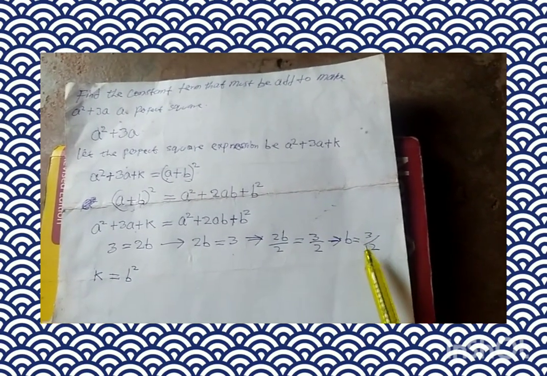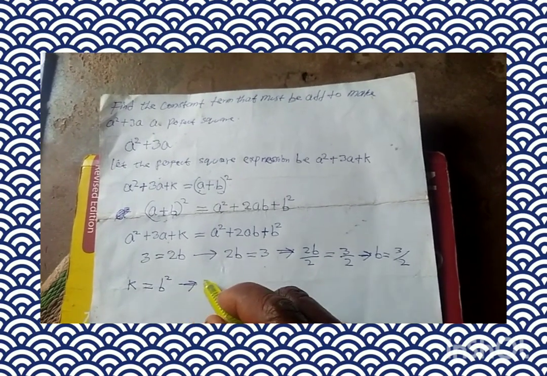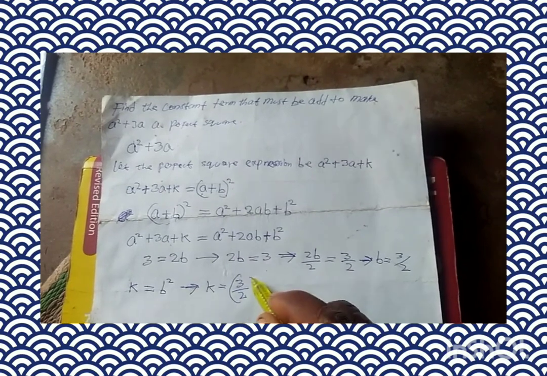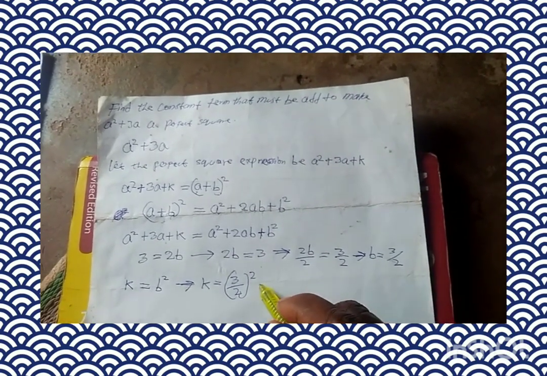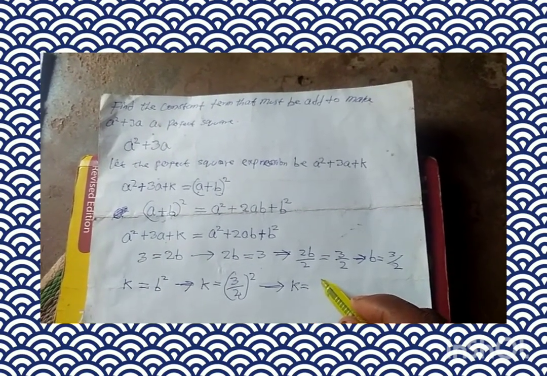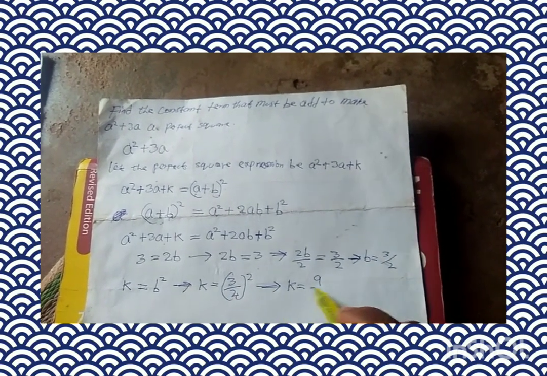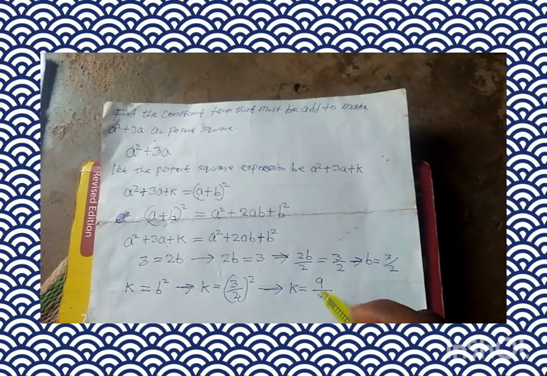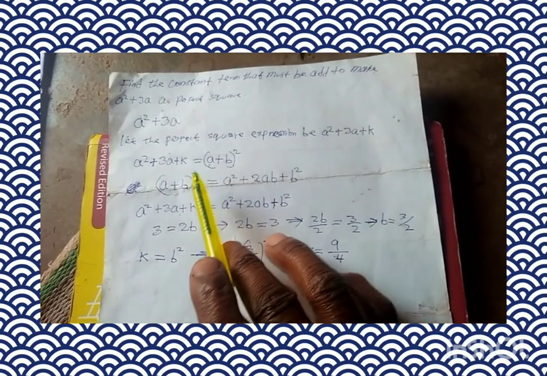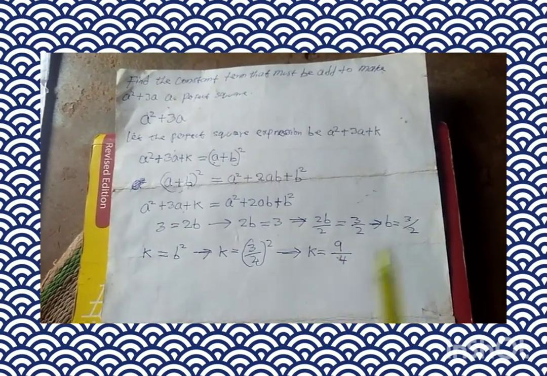Since b is equal to 3 over 2, k is equal to 3 over 2 squared. So k is equal to 3 squared, which is 9, over 2 squared, which is 4. So we have the constant term to be added to a squared plus 3a, and it is 9 over 4.